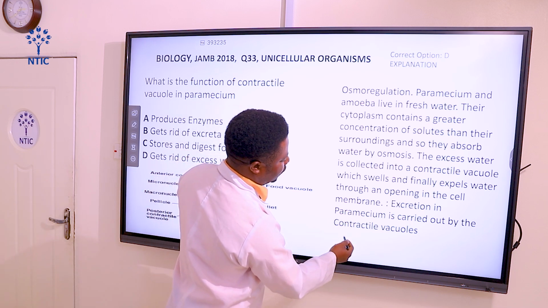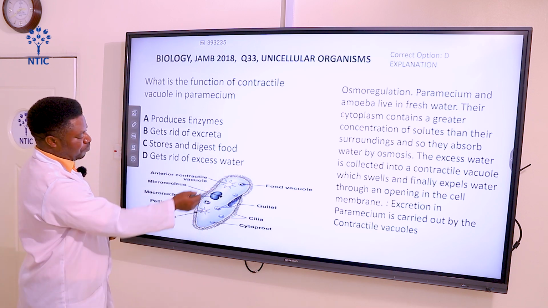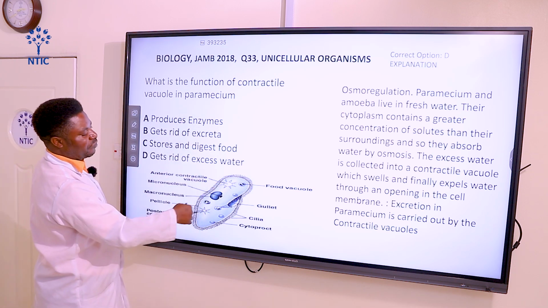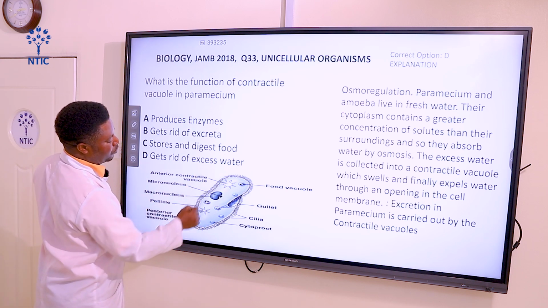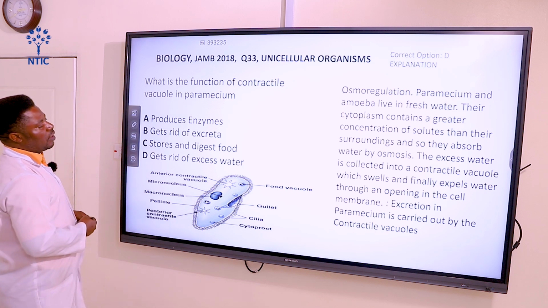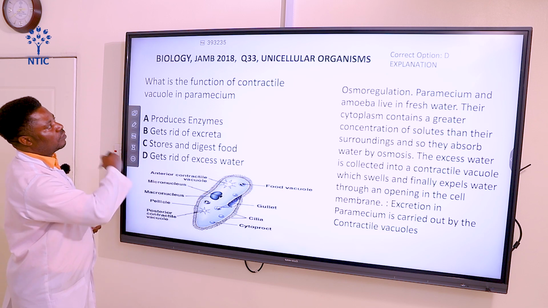Excretion in Paramecium is carried out by the contractile vacuole. Here you can see this diagram of Paramecium. It has two contractile vacuoles, the anterior contractile vacuole and the posterior contractile vacuole. Both are responsible for getting rid of excess water in the cell. Next question.